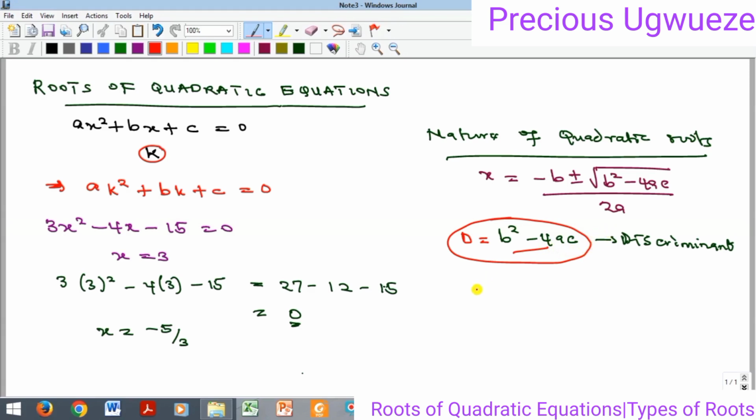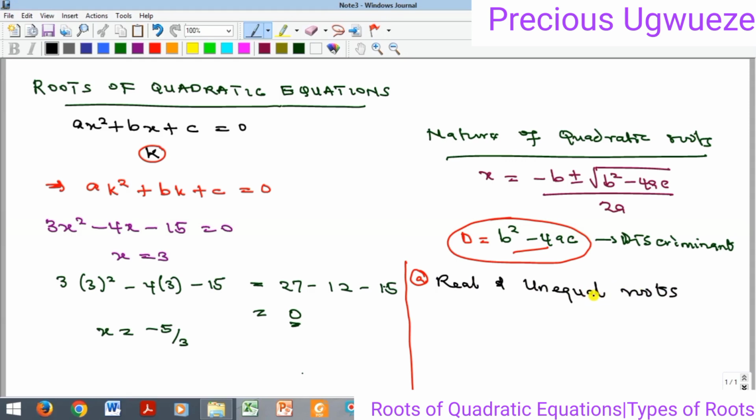And so we have 3 categories in this, and we are going to quickly look at these 3 categories. The first category: a quadratic equation can have real and unequal roots.